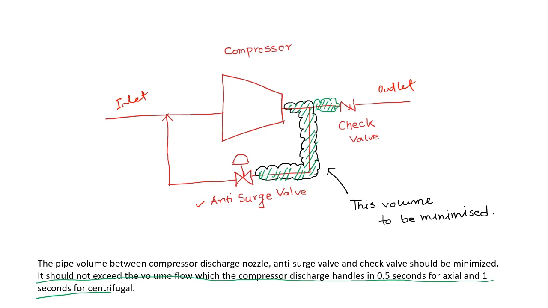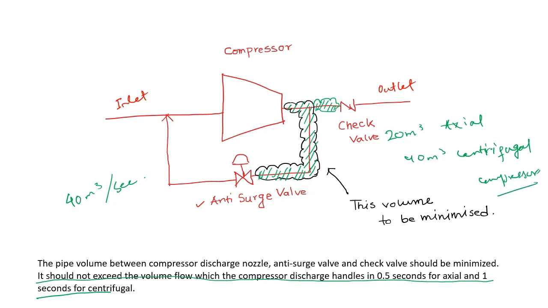So if the compressor handles 40 cubic meters per second, then for an axial compressor the maximum volume of this green shaded area should be 20 m cube. This is for an axial compressor, and it is 40 m cube for a centrifugal compressor. So this is a real point of API 670 guidance.